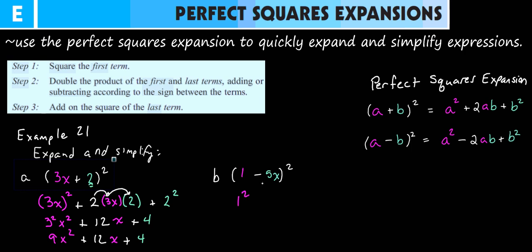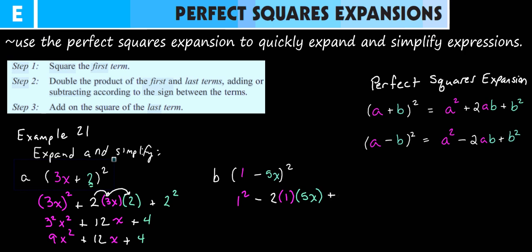I have a minus sign here, so that's going to drop straight down. So minus double the product. So 2, product tells me multiply. 2 times 1 times 5x. Ah, didn't make the mistake this time. Ha, some of you guys thought I would.